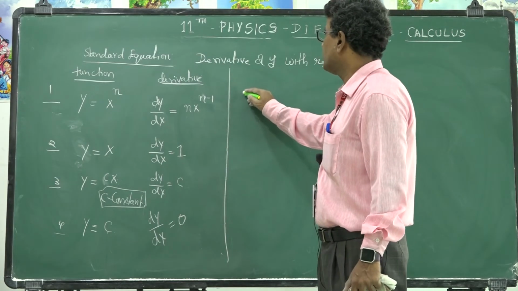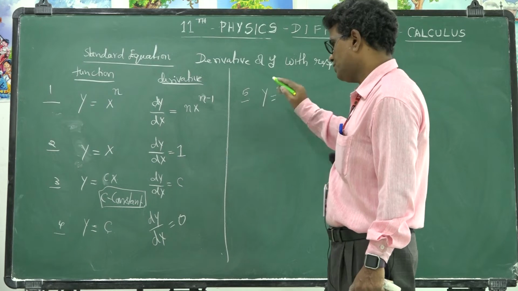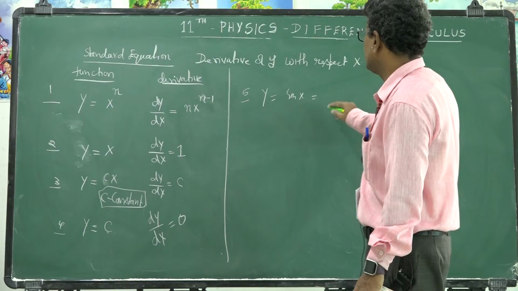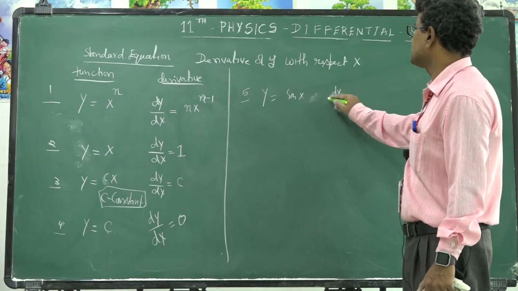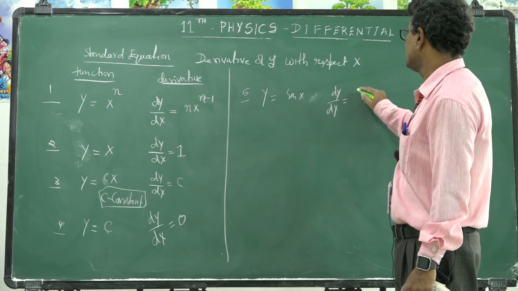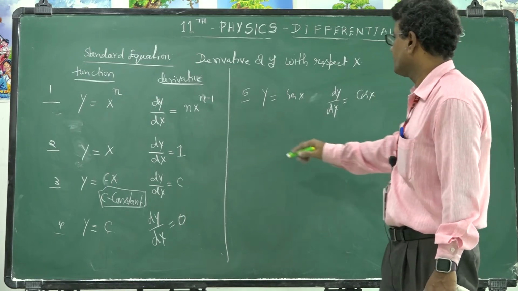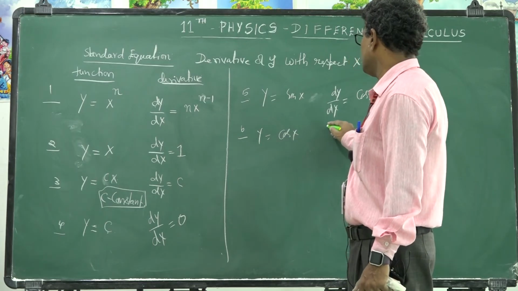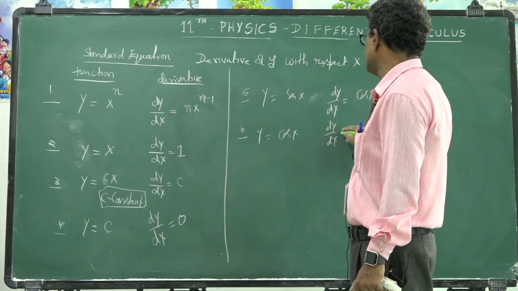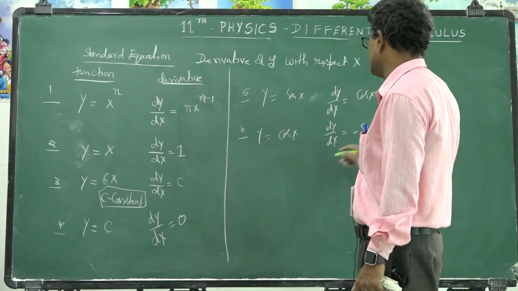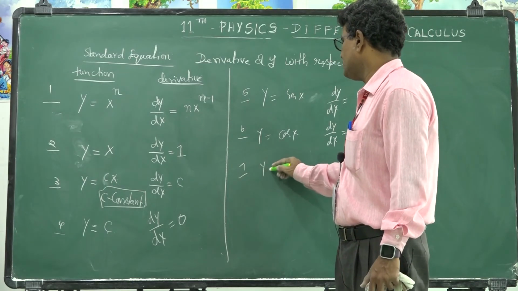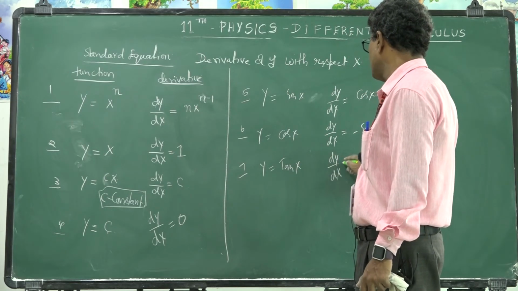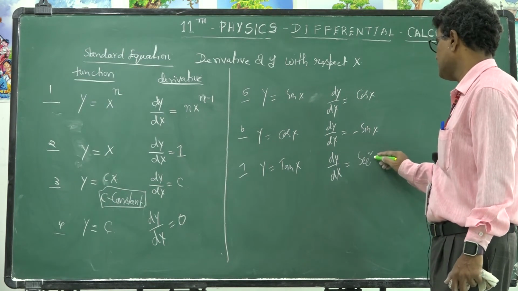And fifth formula, if y is equal to sin x, then dy by dx is cos x. Sixth one, y is equal to cos x, then dy by dx is equal to minus sin x. Seventh, y is equal to tan x, then dy by dx is equal to secant square x.